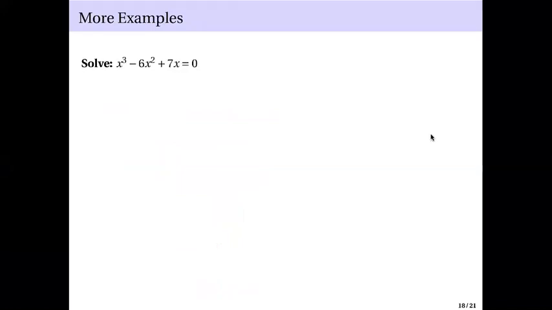Next example, x cubed minus 6x squared plus 7x equals 0. For the last problem, we have x plus 1 over 2x minus 1 equals 3x over x minus 1.